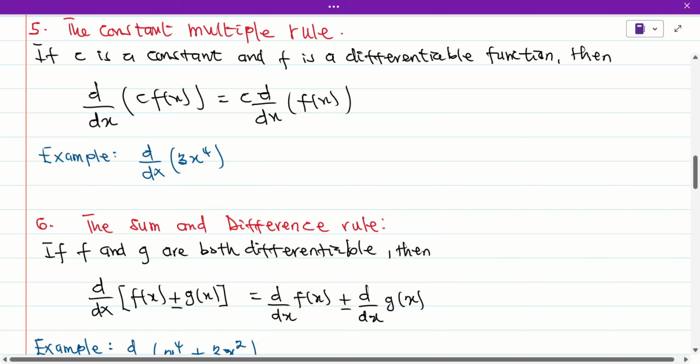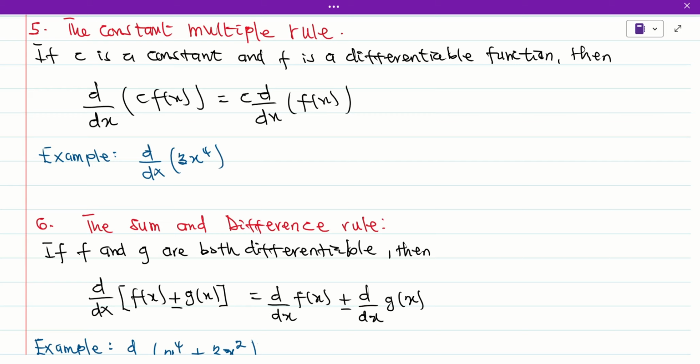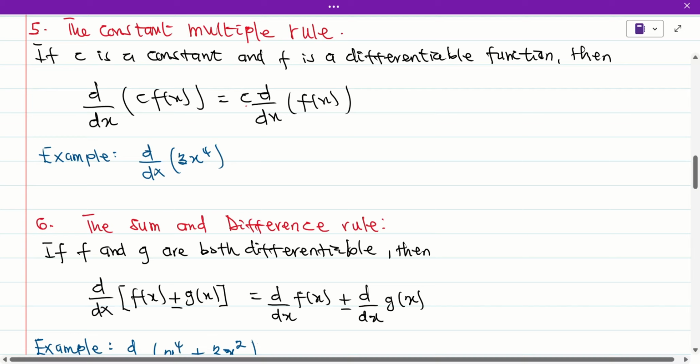The constant multiple rule says that if c is a constant and f is a differentiable function, then whenever you are differentiating a constant multiplying a function, that is c multiplying f of x, we bring the constant out, then we differentiate the function itself.